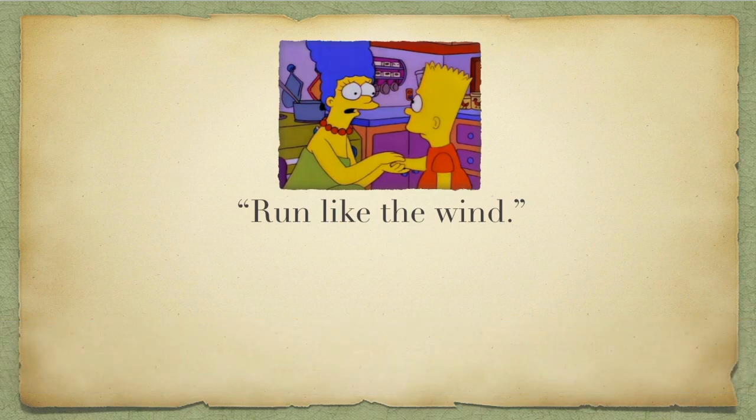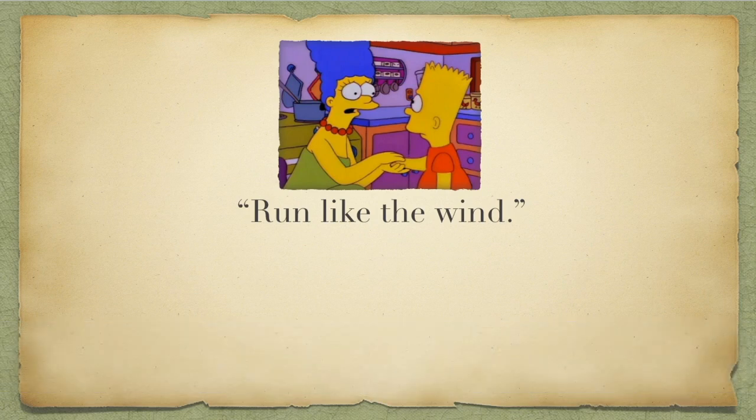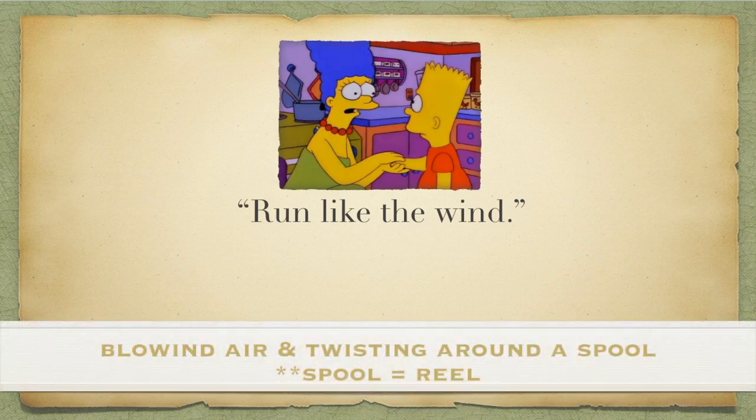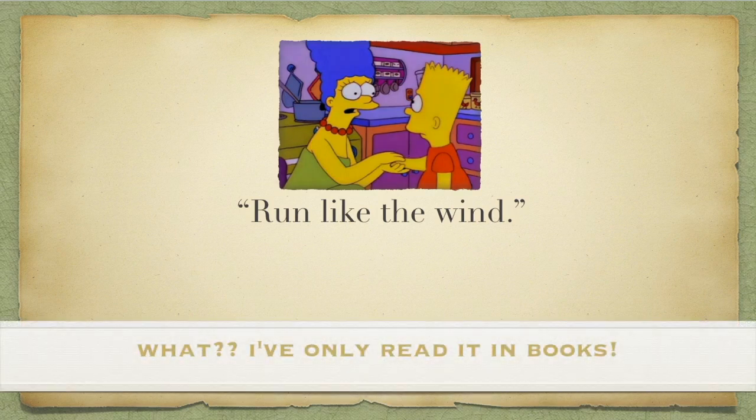For instance, in an episode of The Simpsons, Marge Simpson instructs Bart to run like the wind. Seems fine, right? Only problem is, Marge pronounced wind as wind, thereby confusing the words for blowing air and twisting around a spool. And when Lisa corrects her, Marge replies, "What? I've only read it in books."